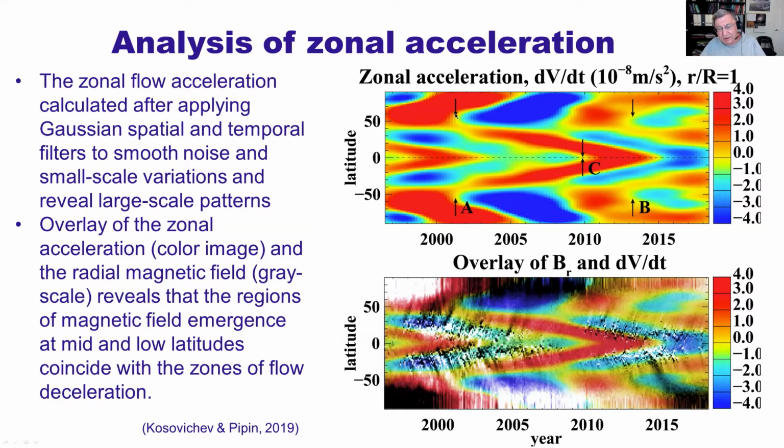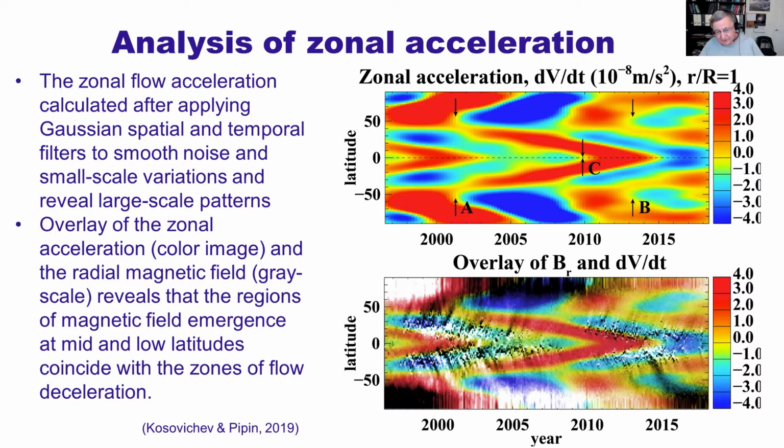The zonal acceleration also shows the extended solar cycle. The blue is the deceleration and red is the acceleration of the flows. What was interesting, when we overlay this with the magnetic field, it turns out that the zones of deceleration coincide with magnetic field regions on the surface, in both the equatorial and polar branches.